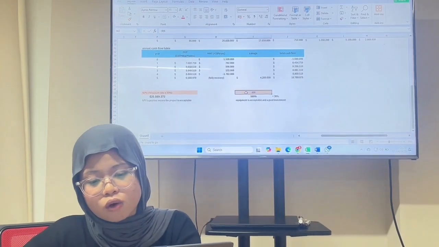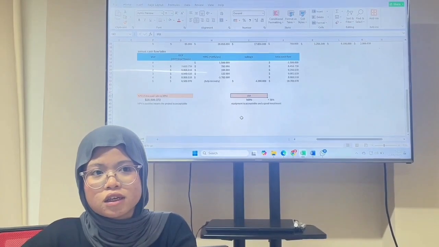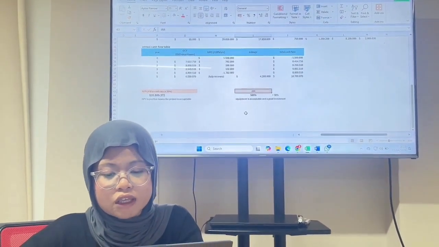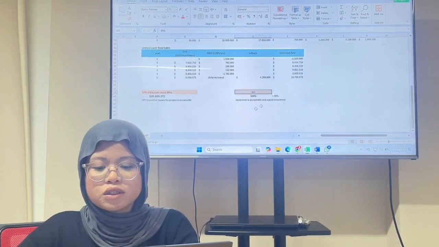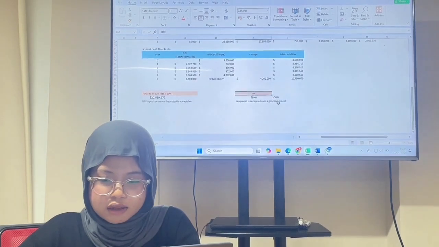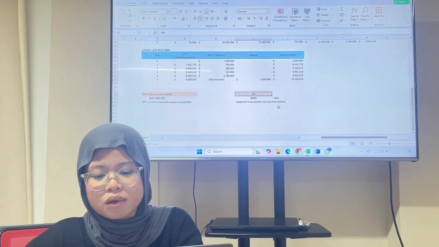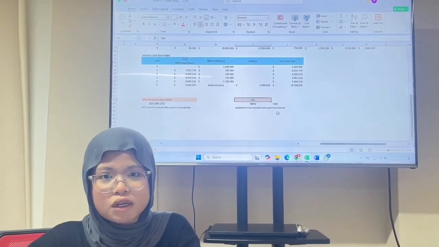And I also calculated the IRR. It's resulting in a very high result, which is 569%, which is bigger than the 30% discount rate. That means the equipment is acceptable and it's a good investment for the company.